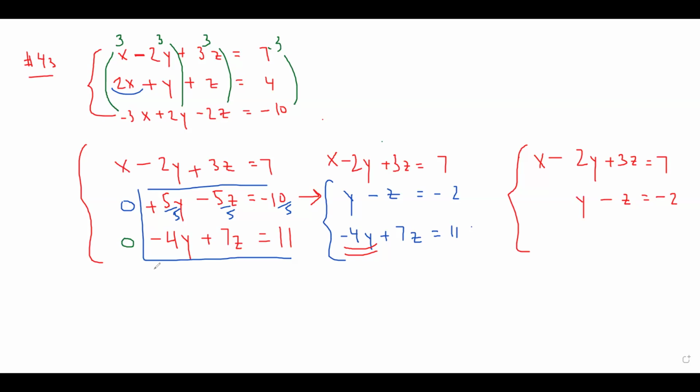So remember what we need? We need 0. We have to get that nice 0 here instead of 4y. And how to get 0? Well, times 4 and add it with negative. Notice I always want to have opposite signs. It's more convenient this way. So multiplying by 4 and see what we have for the third equation.